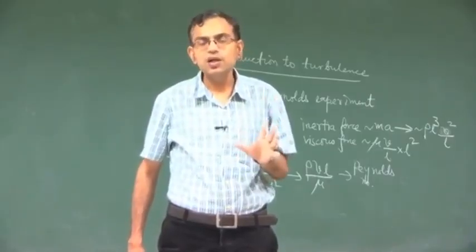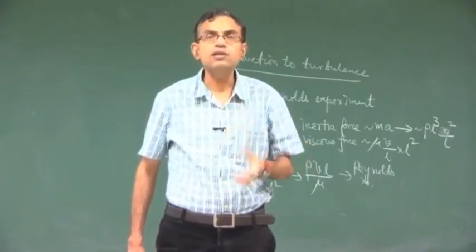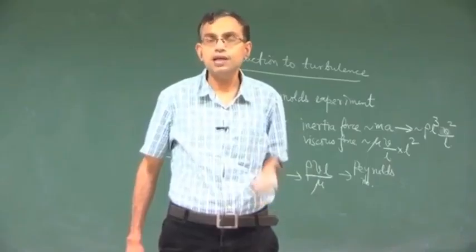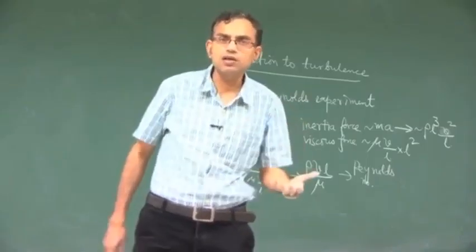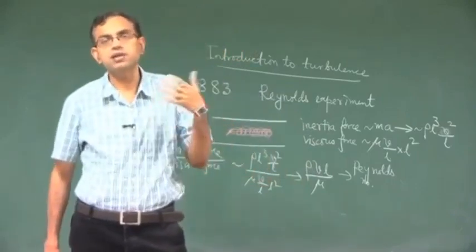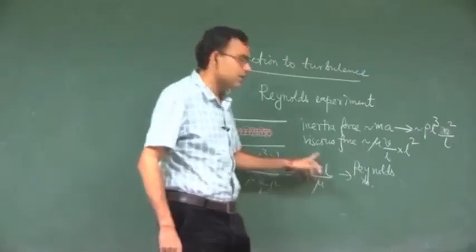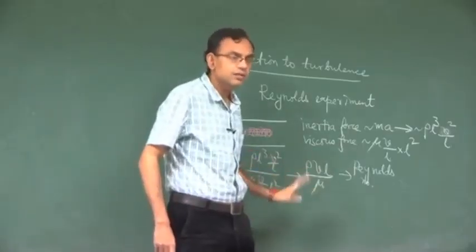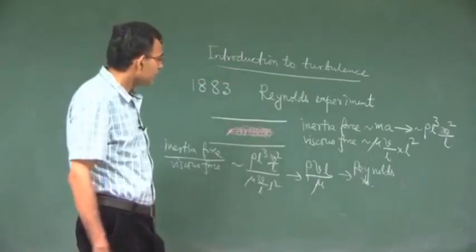It is restricted only under those conditions where inertia force and viscous forces are competing. Otherwise, it may be interpreted in various ways as dimensionless velocity, dimensionless length, dimensionless time, whatever, but its definition remains this rho V L by mu. That is the correct way of looking at Reynolds number.